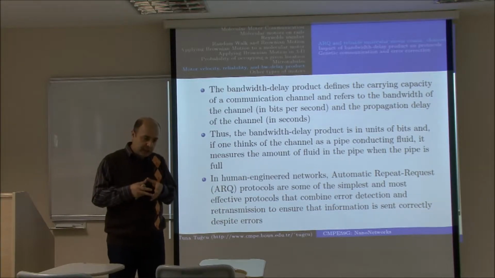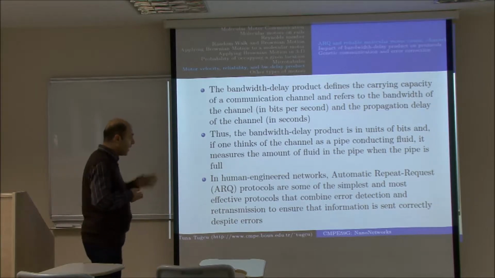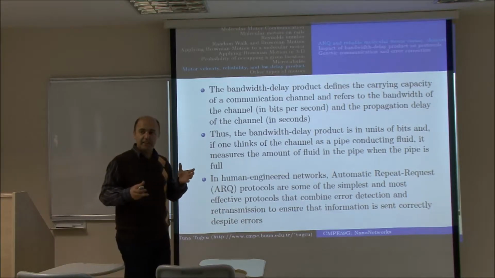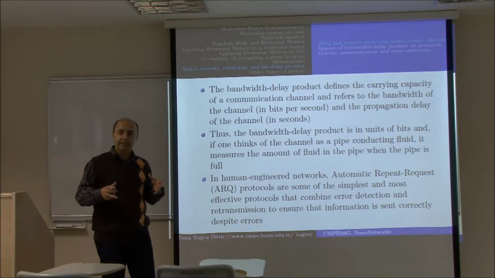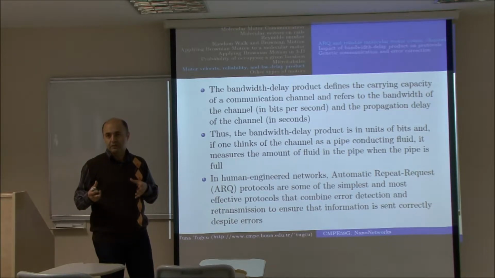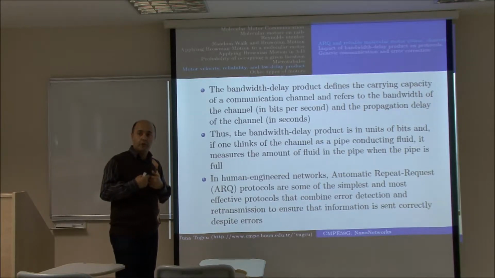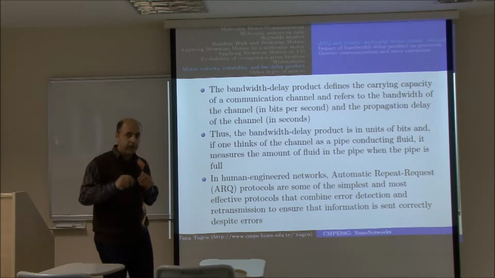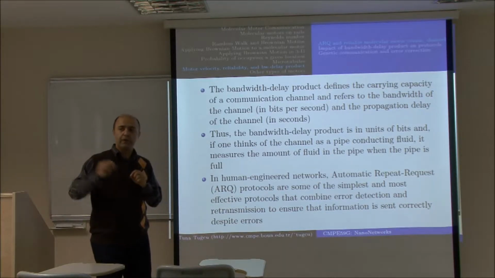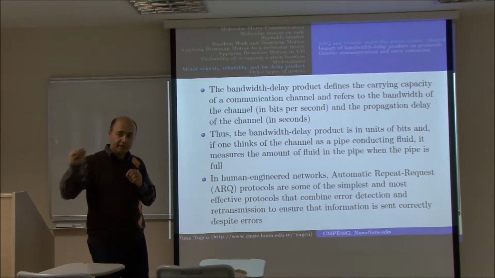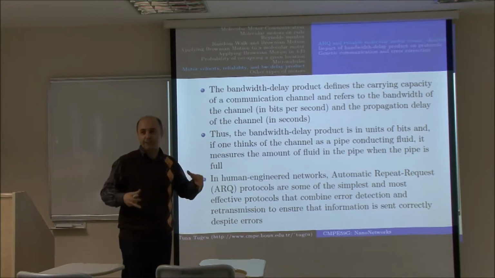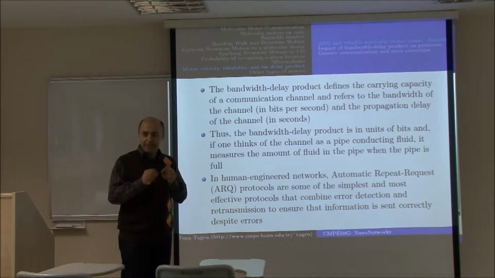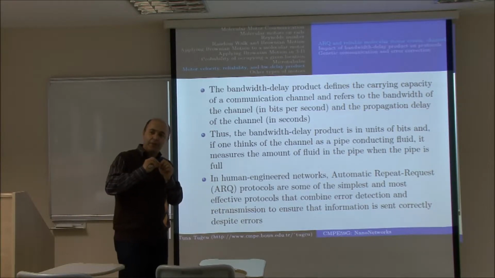Now, if the channel's bandwidth delay product is large, that means the number of packets I need to remember is very large. So I need a lot of buffering on the sender side if I want to fully utilize the channel. It is possible that I have a very wide pipe, but I'm just sending a very small amount of water.